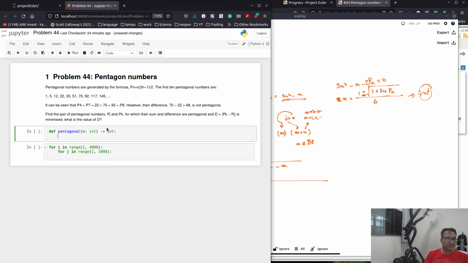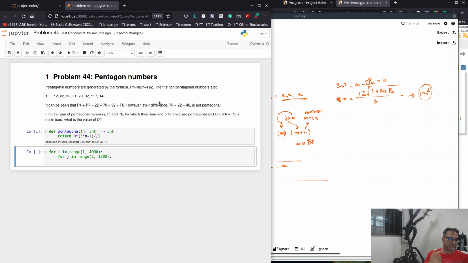Okay, and the return is just going to be this value here, which is n times (3n minus 1) by 2. Okay, so that's an integer.